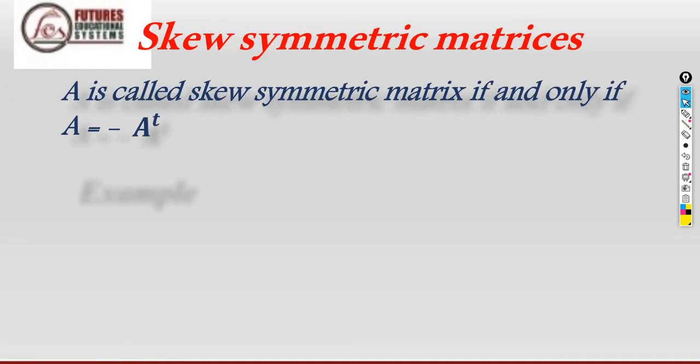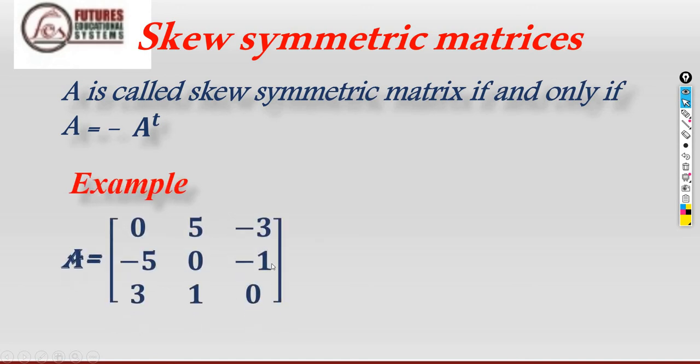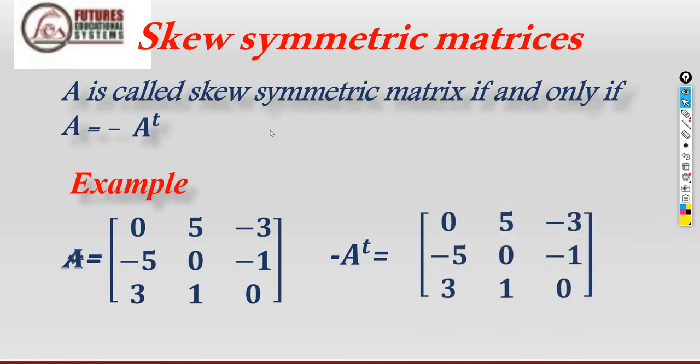Skew symmetric matrix. A is called a skew symmetric matrix if and only if the matrix equals the additive inverse of the transpose of the same matrix. Let's go to this example. If we have matrix A in order 3 by 3 and A equals the additive inverse of A transpose, it's necessary that the main diagonal equals 0 and this element is the additive inverse of this element.